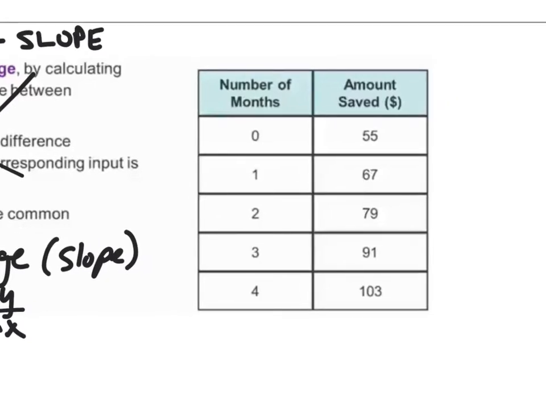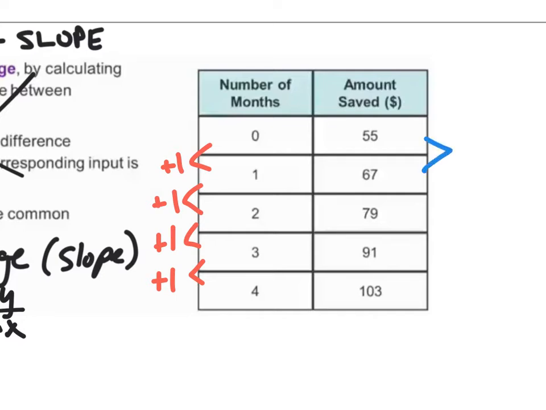Now remember how we do that. What I want to do is go through and determine what my change in x is. We'll start with that. It means we're adding 1 to both sides to get the next consecutive value. Now my amount saved here, let's see what the difference is.